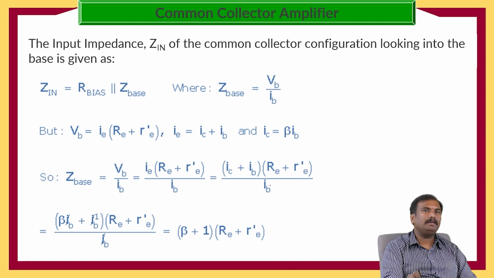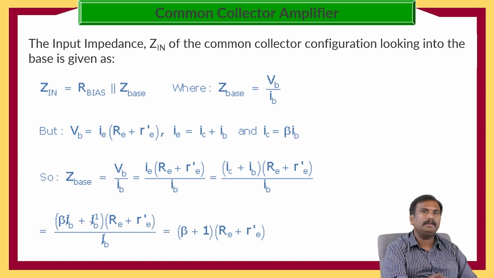From this, IE by IB is equal to beta into IB plus IB into RE plus RE dash by IB.